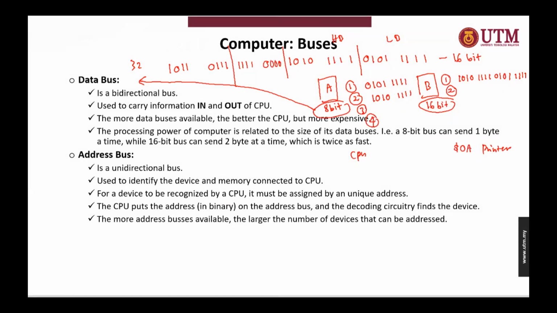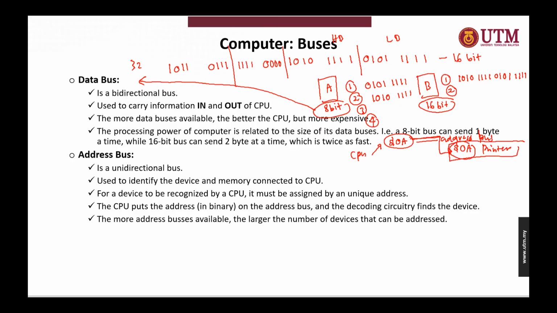So the CPU will send address 0A to the address bus. The CPU will then find the address 0A, which is the printer.